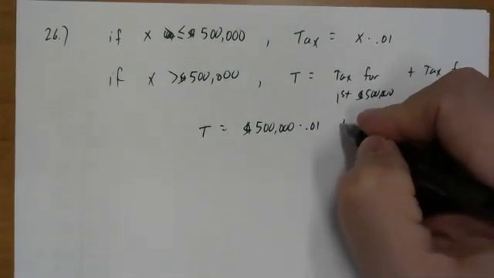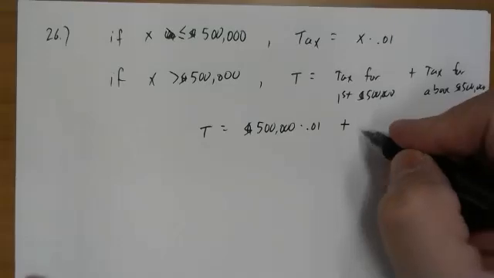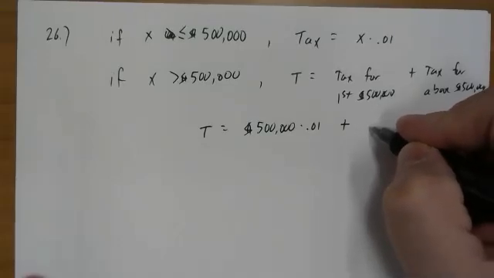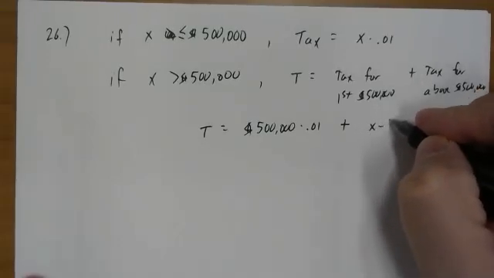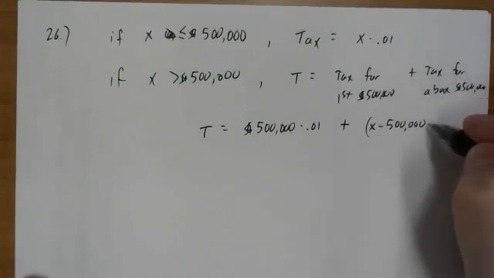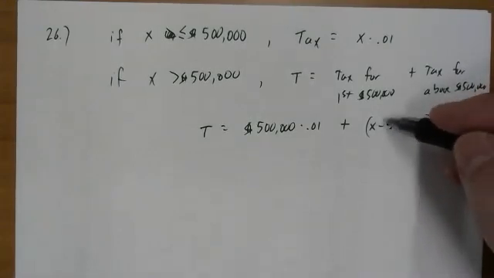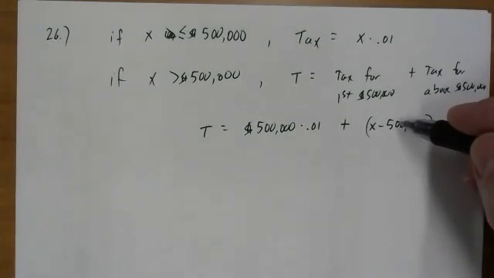But now, for the amount of money you make above $500,000, if X is your total amount of money, then I need to subtract 500,000, right? Because if I make $700,000, then the final $200,000 has this new tax rate.